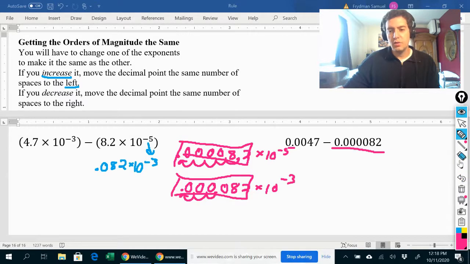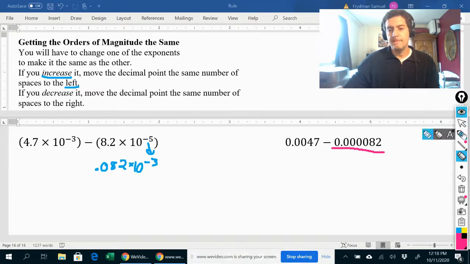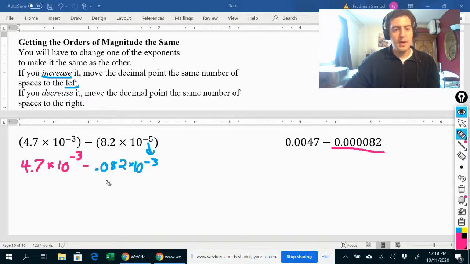All right, so let's go ahead and do 4.7 times 10 to the -3rd minus this. So now the orders of magnitude are the same. So we'll do the work over here. We have 4.7 minus, so we need 0.82 over here.